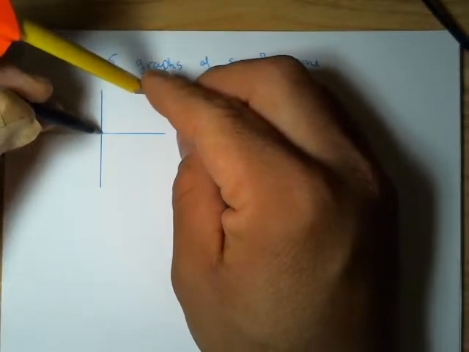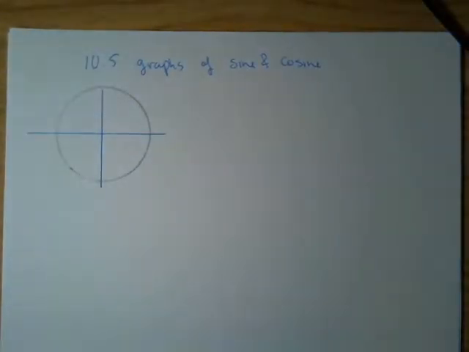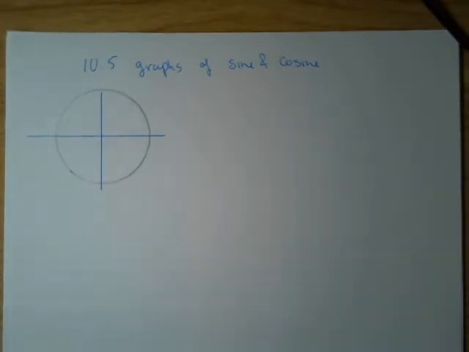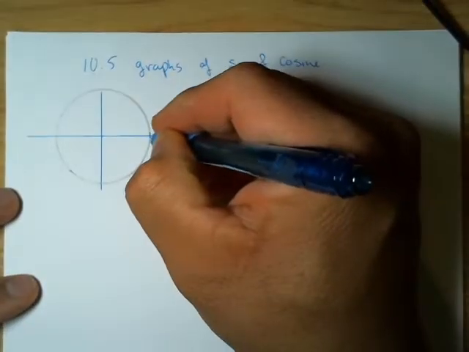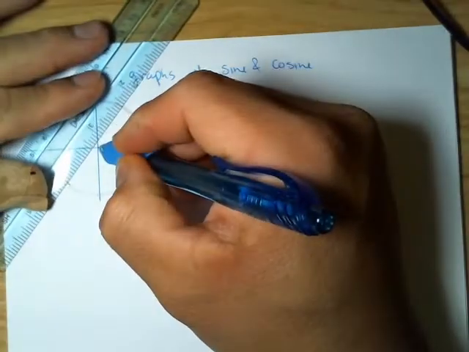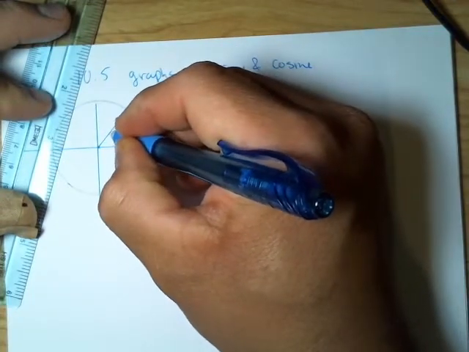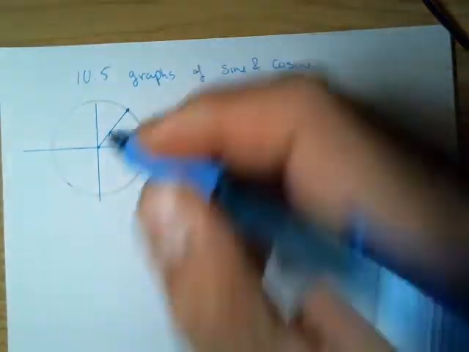So we had our unit circle, and our point on the unit circle, and then we had the angle in standard position, as always, theta here.